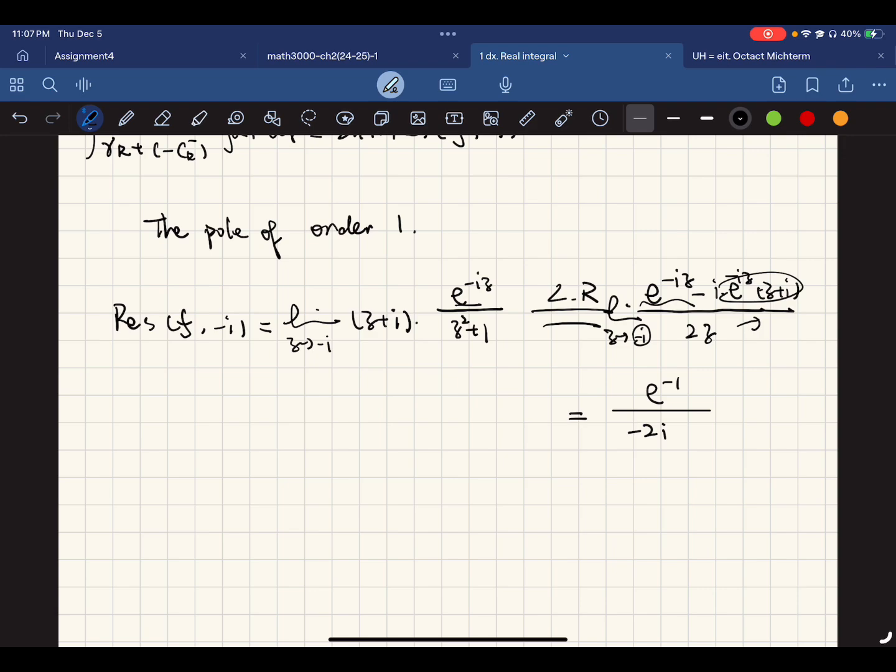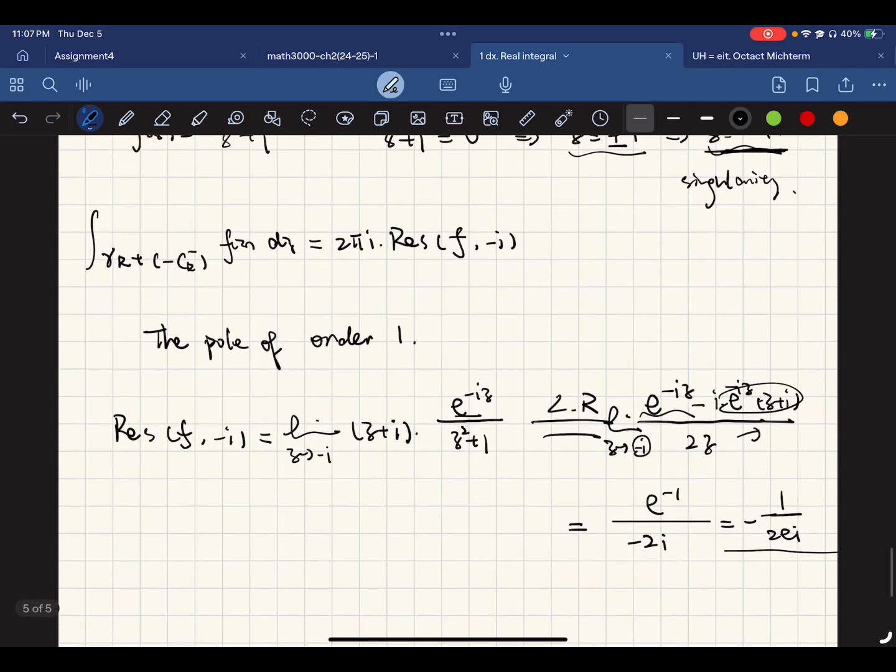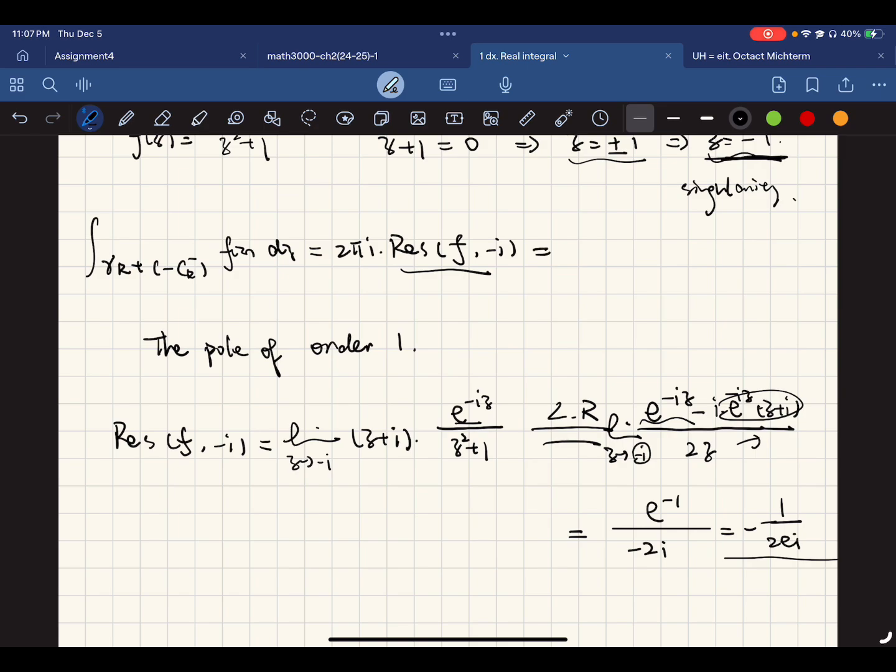Let me check the answer. Okay, yeah, I'm correct. So the residue is 1 over negative 2i times e. Okay, this is the residue, and we plug in: it will become 2 pi i times 1 over negative 2ie, the 2i cancels out, negative pi over e, isn't it?